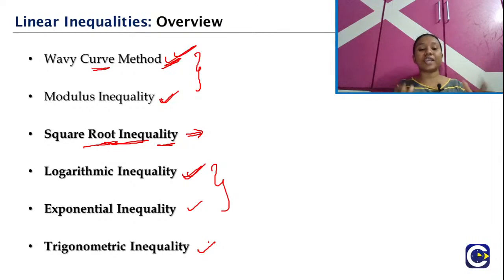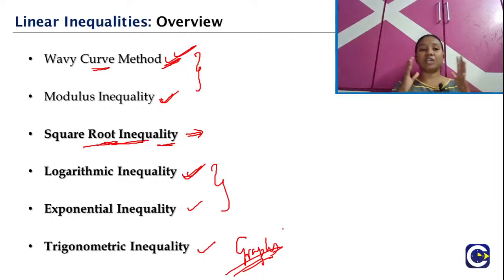To solve any trigonometric inequality, we are going to bring those graphs here and solve the inequality using the graphs of our trigonometric functions. This will be our last concept in linear inequalities.